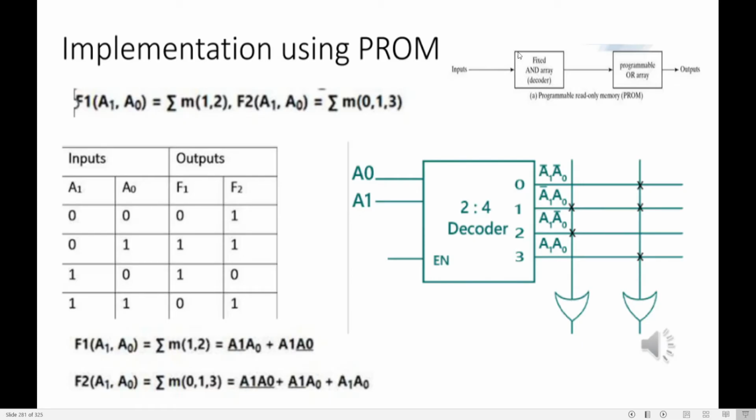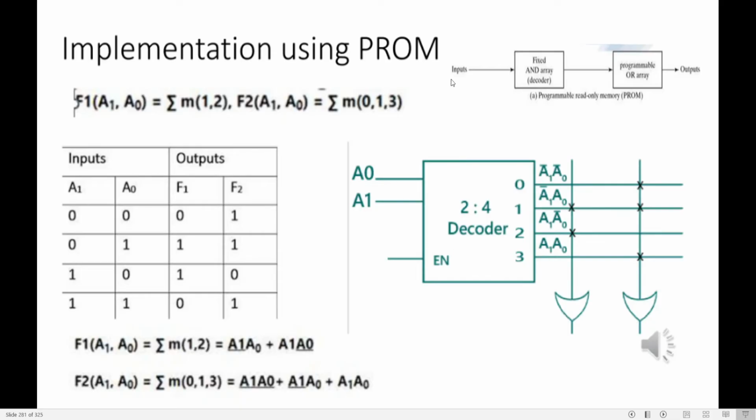As you know, a decoder has n inputs and 2 to the power n outputs. So a two input decoder will have two inputs and four outputs. Based on the number of inputs, we need to decide on the decoder. Since there are two inputs A0, A1, we are taking a two input decoder. It will have four combinations 0 0, 0 1, 1 0, 1 1.